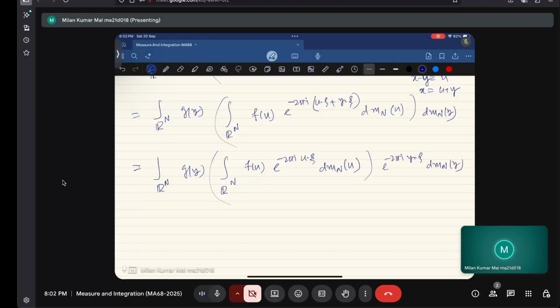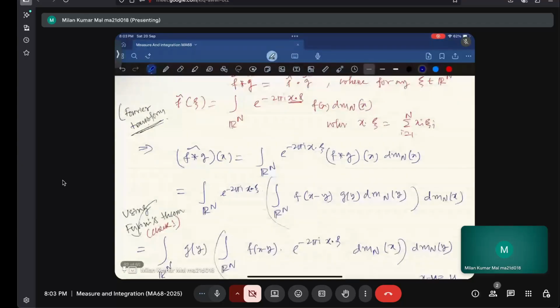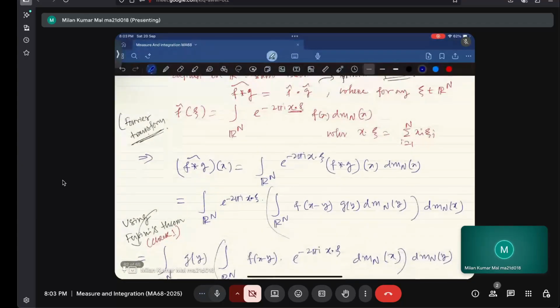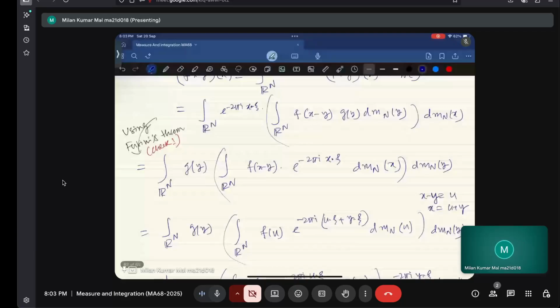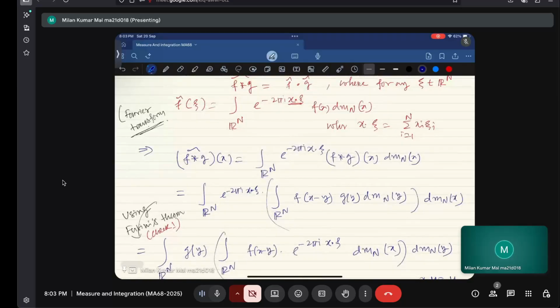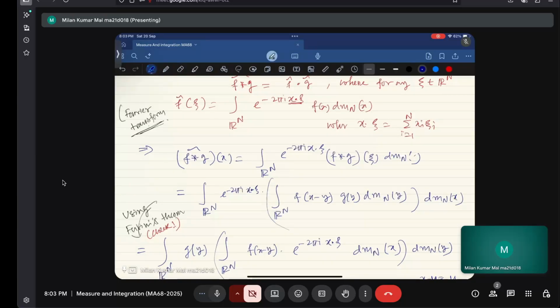We started with the point xi, but where is the xi now? No, I think we have to change it a little differently. I made a mistake here; this is xi.